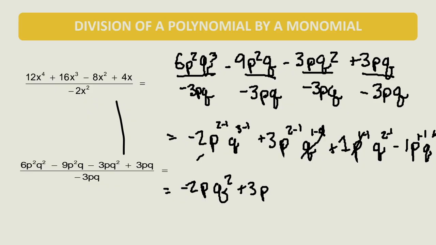You could have done that too. But anyways, I'm just doing the subtraction method just to keep things similar. Okay, plus q, because 2 take away 1 will become a 1. I'm not going to write the 1, you could though. And then minus 1.